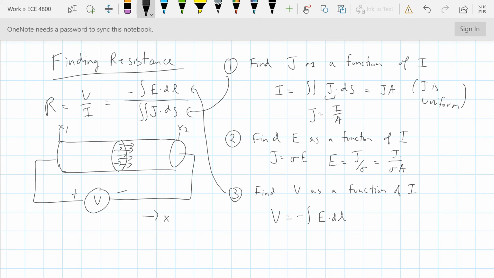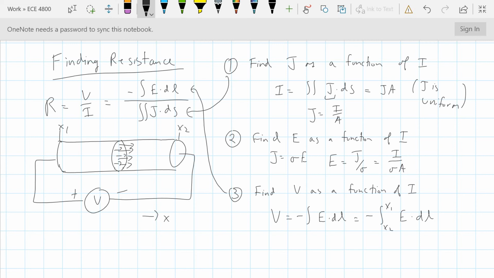And this result is going to be fairly straightforward too. So this will be the negative integral from low potential to high potential, x2 to x1 of E dot dl. You mean x1 to x2?